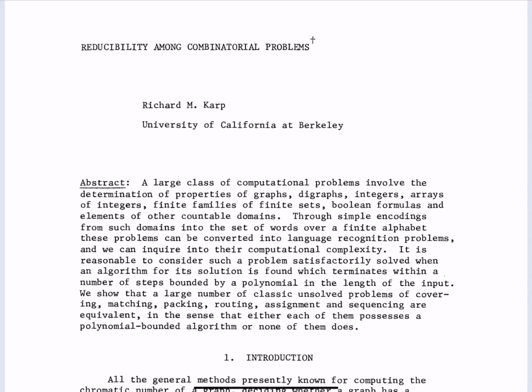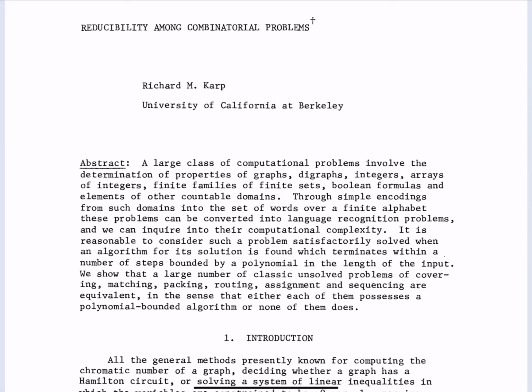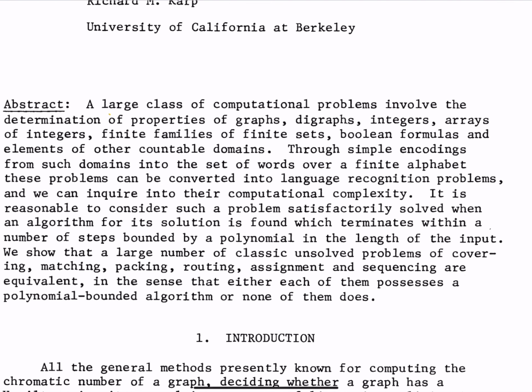This is a pretty amazing paper, Reducibility Among Combinatorial Problems. Just look at the abstract, it's so bold. A large class of computational problems, like properties of graphs, directed graphs, subset sum, arrays of integers, Boolean formulas, stuff like that, we can inquire into their computational complexity.